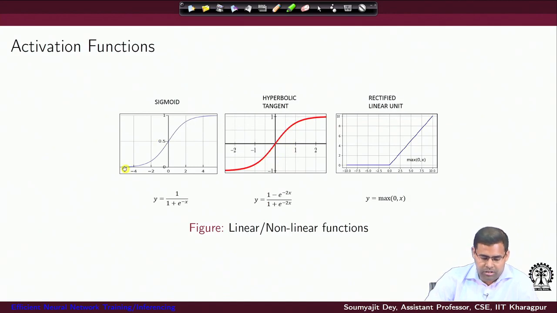And also, as you can see, these functions satisfy nice properties like differentiability, which helps in computing the weights. We will see how these specific functional forms really help you.